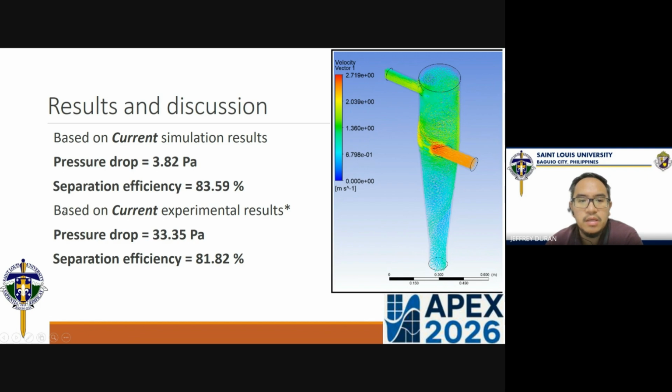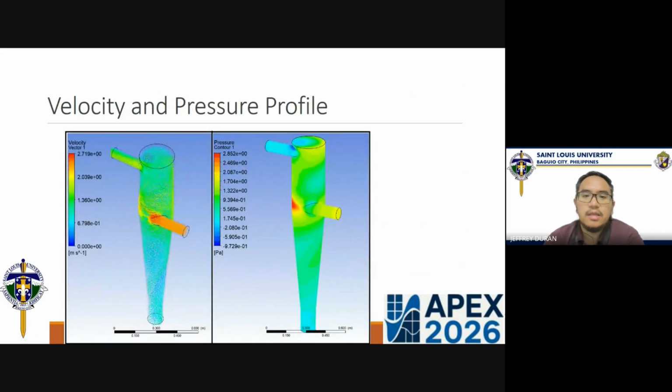Based on the current experimental results, the pressure drop is reduced to 33.35 pascals, and the separation efficiency is measured at 81.82%.